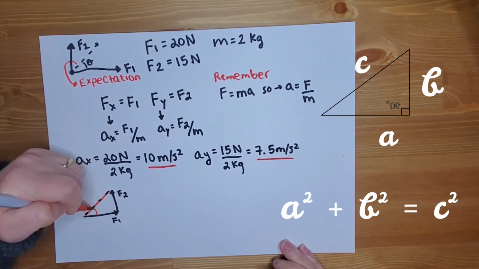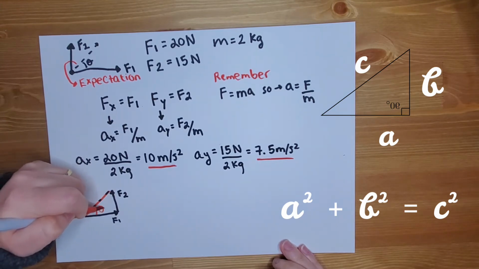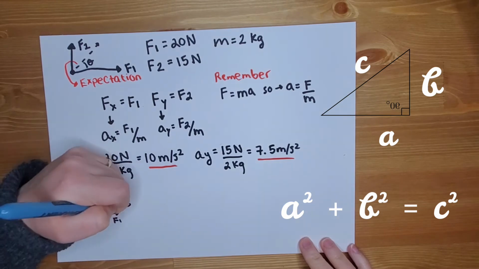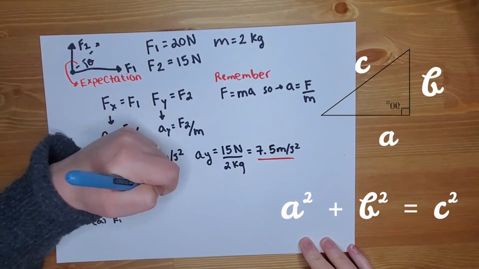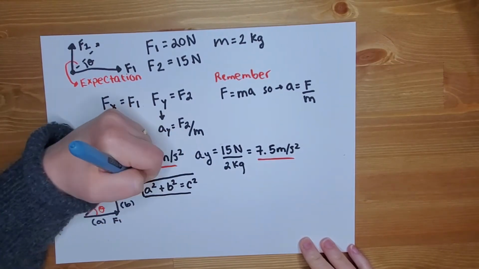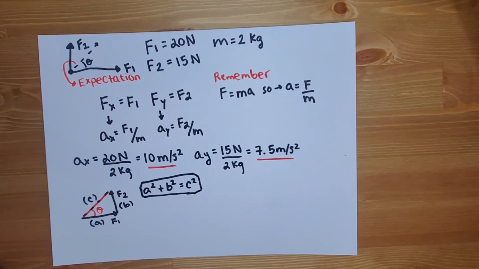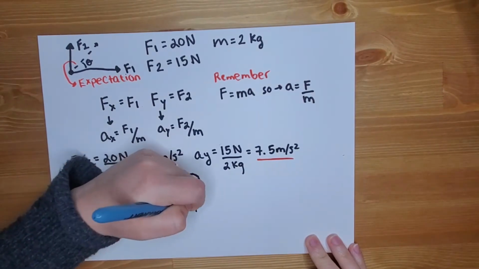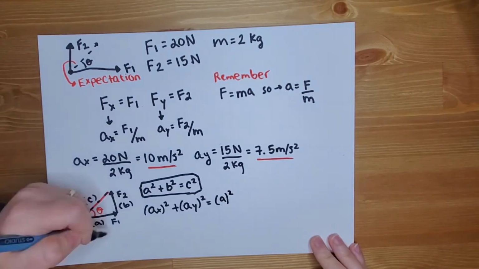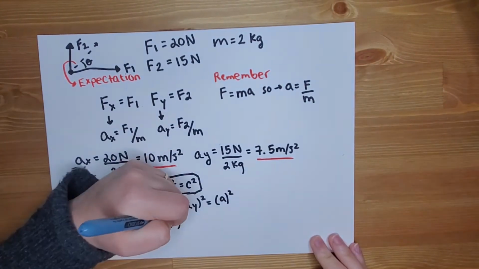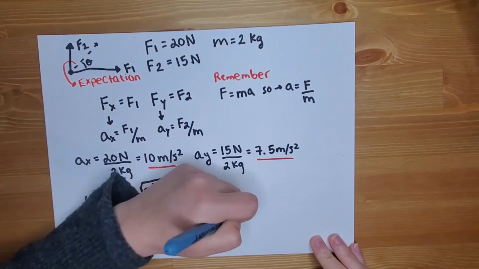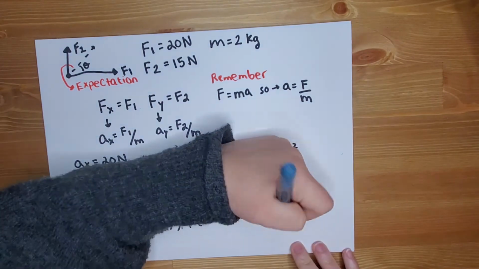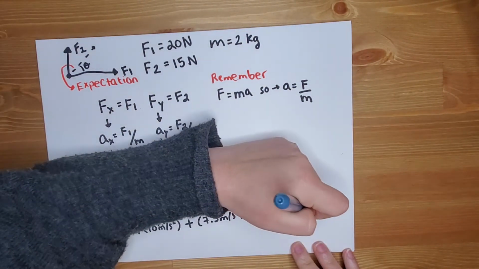By doing this, we're adding the horizontal and vertical components of our acceleration squared and getting the magnitude of the acceleration squared, so we just have to take the square root at the end to get the magnitude of the acceleration, just like is shown in the equation. After solving for all this, we get that the magnitude of the acceleration is 12.5 meters per second squared.